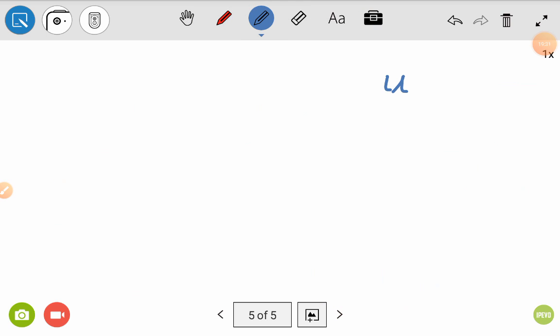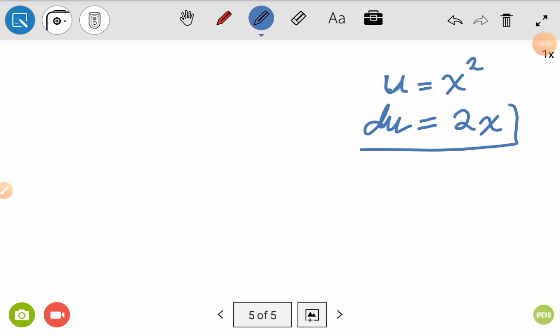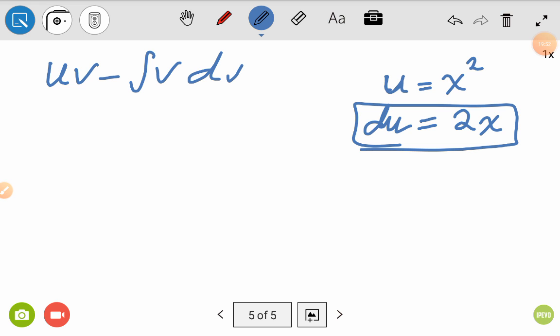What is u? It is x squared. Take care that u is x squared, because we already took 1x from the x cubed. We still have only here u is x squared, and the derivative here easily is 2x. So easy. Now we will start my parts, which is uv minus the integral of v du.